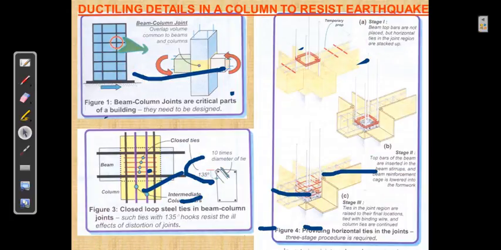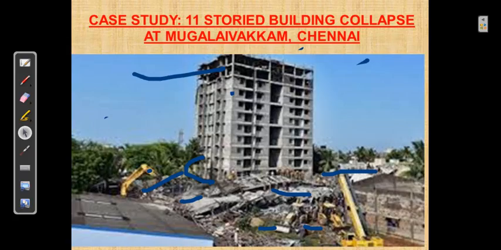This is the ducting details in a column to resist the earthquake. And a case study, if we take a case study in Mugalavaikom, Chennai.